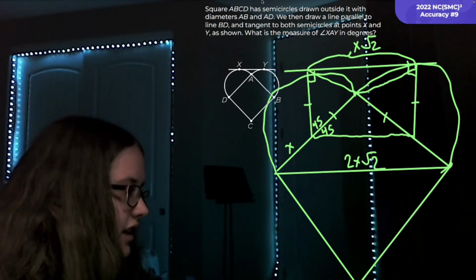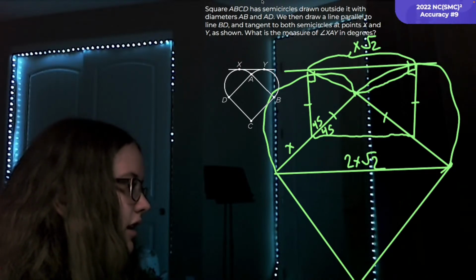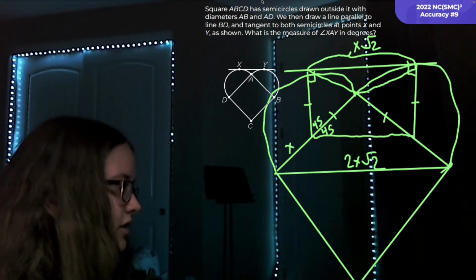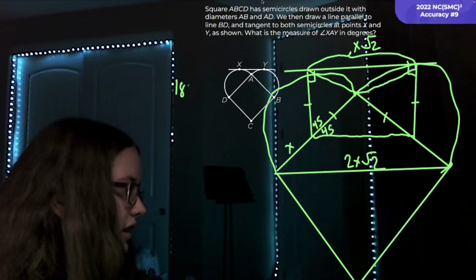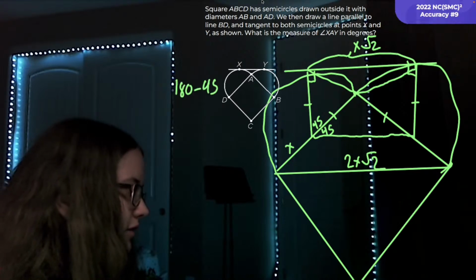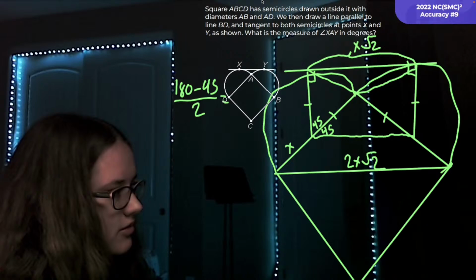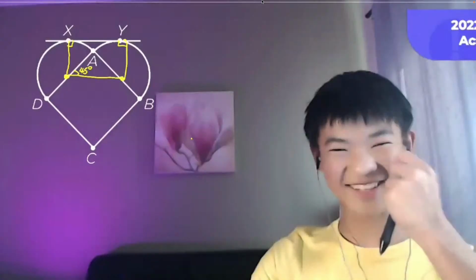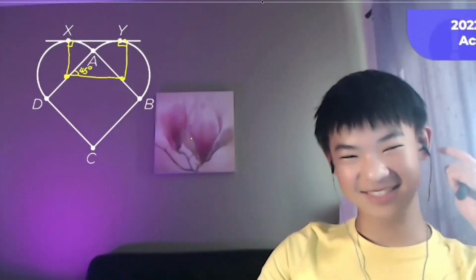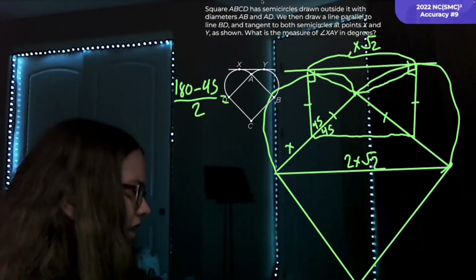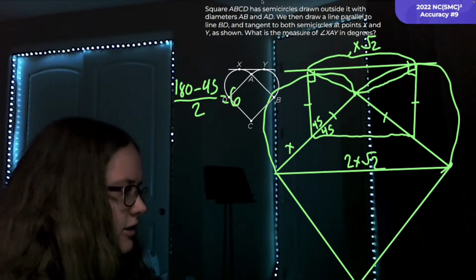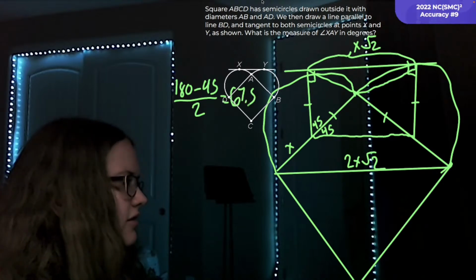Oh, because that would make this angle also 45, wouldn't it? And then since it's equilateral, then this angle is 180 minus 45 over 2, which is what? An ugly number. I think it's 67.5.